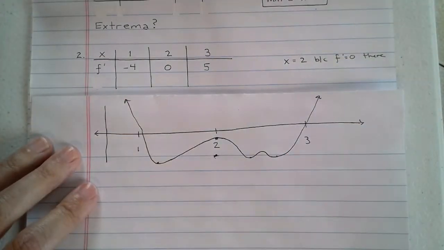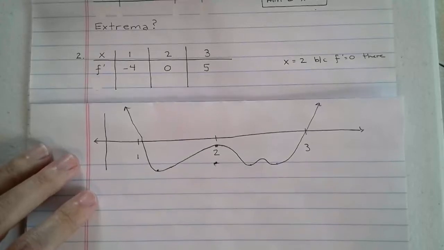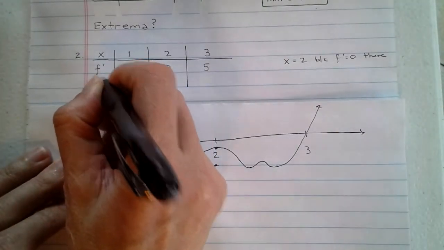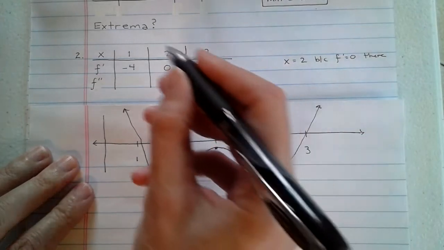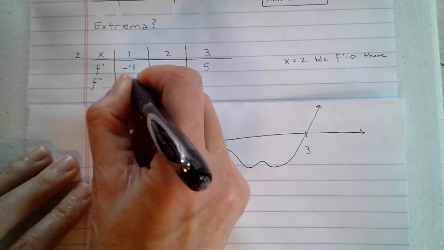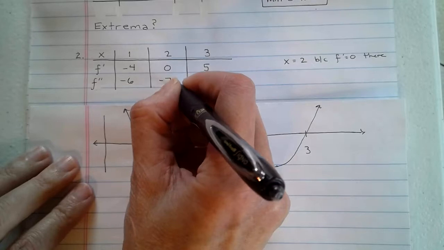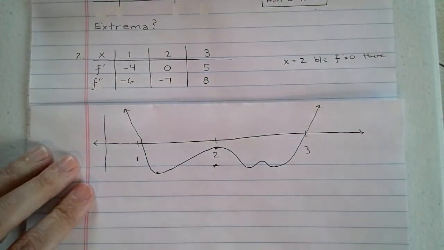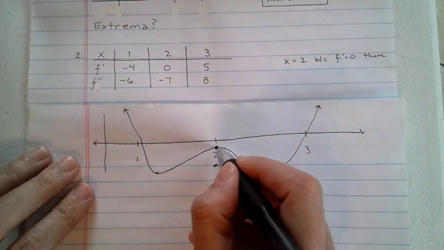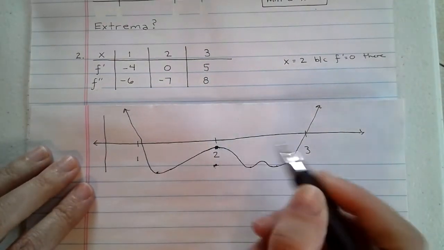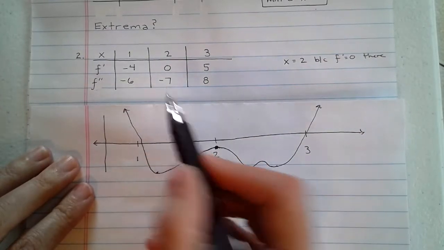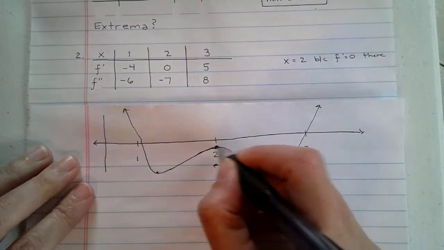Okay, but we do have some other information, and this is when the AP exam forces you to use the second derivative test. I'm going to put some other numbers in the table. And now we know that at 2, the slope is 0, like I've drawn it, and the curve is concave down, which I actually ended up drawing on accident.